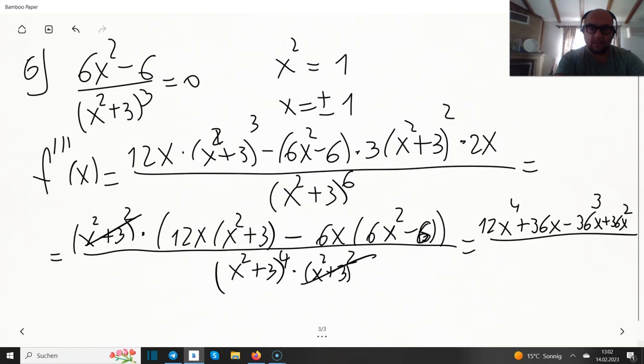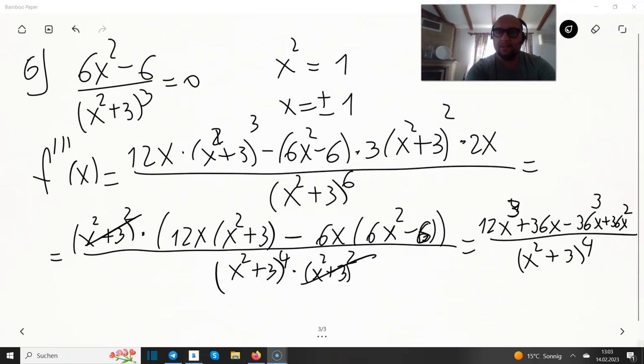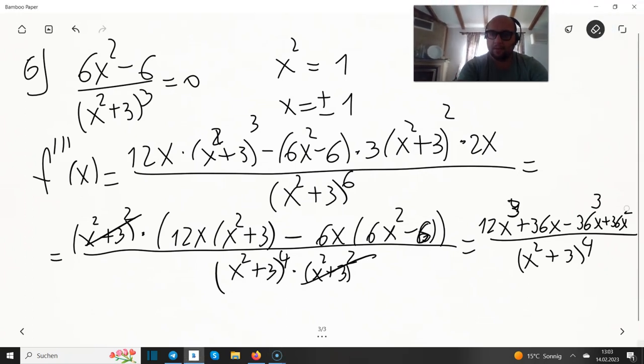Sadly, I cannot simplify. I can't simplify because I made a mistake. That's nice to see your own mistakes and to admit them. It's not always working like that. Do I have more mistakes? Yeah, I do. 36 just x.